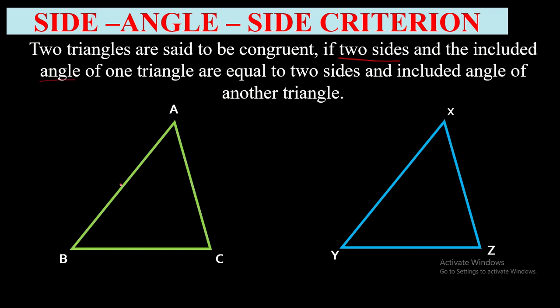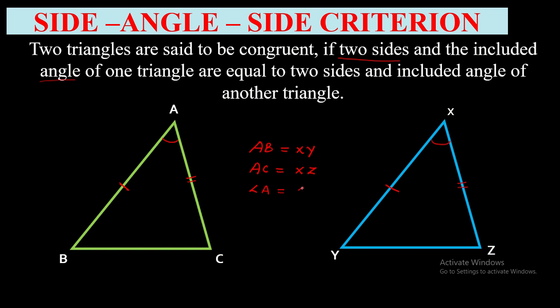That means AB is equal to XY, then the second side AC is equal to XZ, then the angle between these two sides, that means here angle A is equal to angle X. So it is the included angle between the two equal sides.